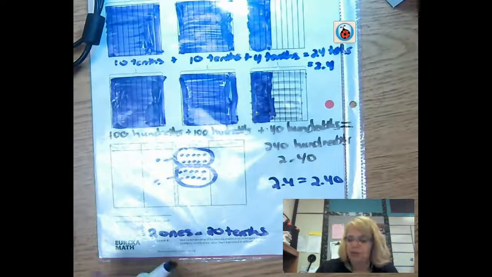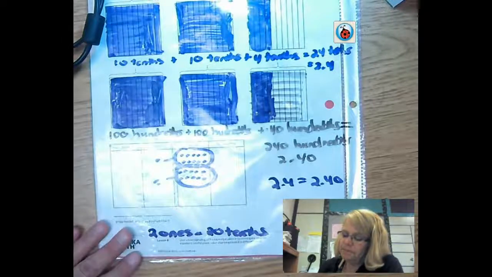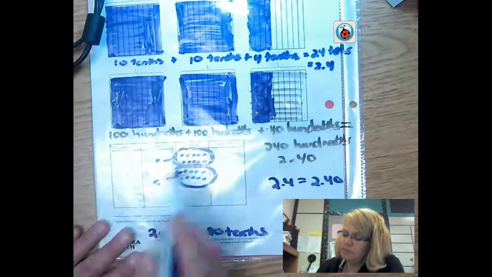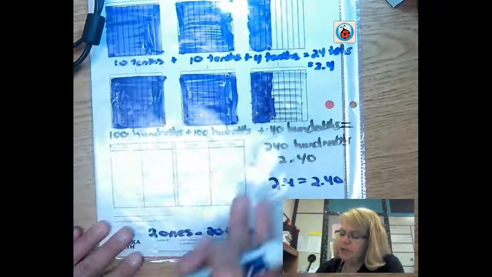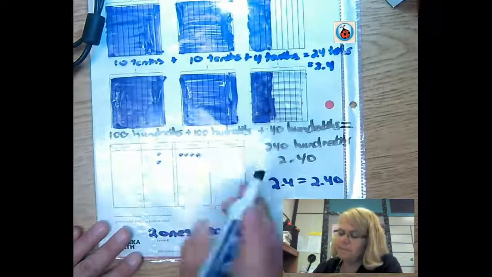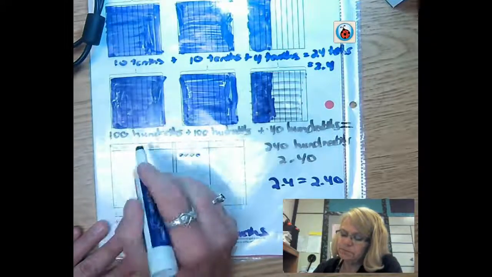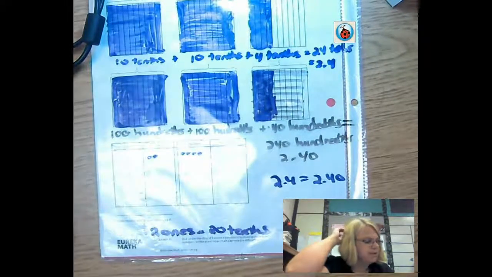So I want you to show 2 ones and 4 tenths on your place value chart. So I'm going to show 2 ones and 4 tenths. I like to put them in 5 frames, remember? 2 ones and 4 tenths.